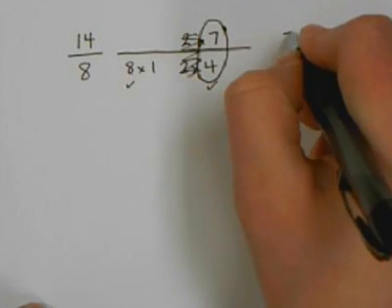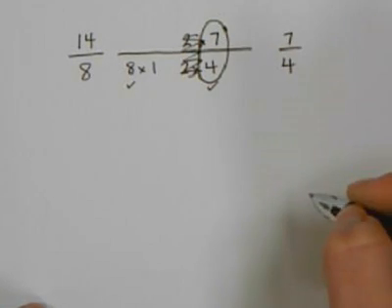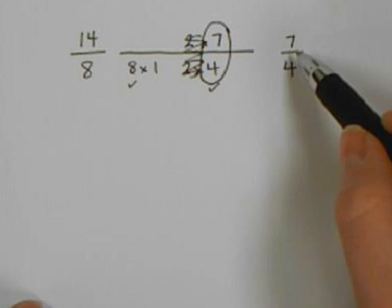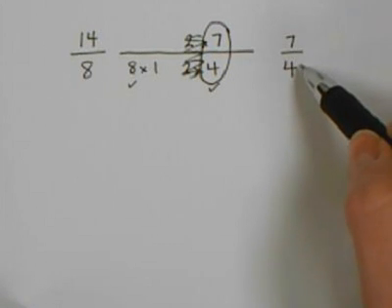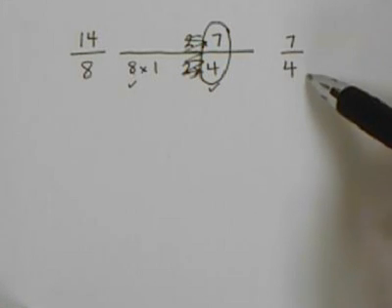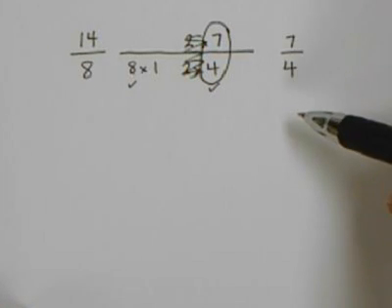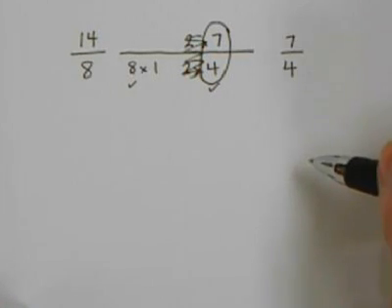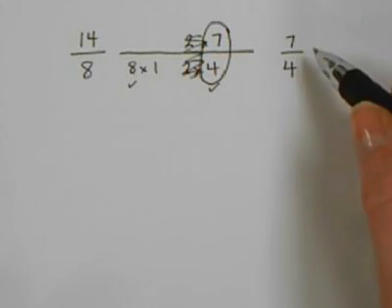Now, 7/4 cannot remain my simplified fraction because if you notice, it's still improper. My number on the top is still bigger than my number on the bottom. So we have to do something about that because it can never stay this way. So we have to change this improper fraction to a mixed fraction. Now this is a really quick, easy way that I learned at a conference one time, and I just think it's the greatest thing ever.